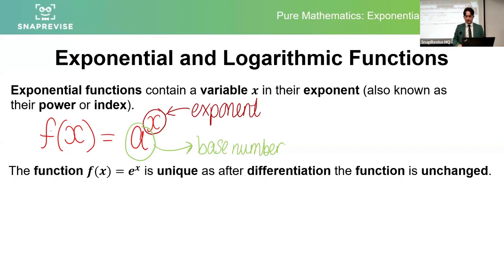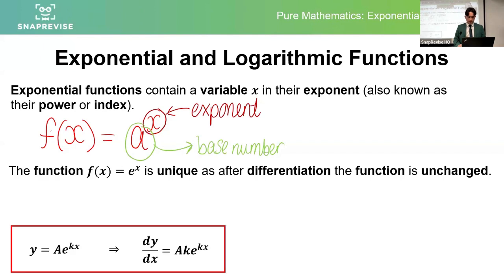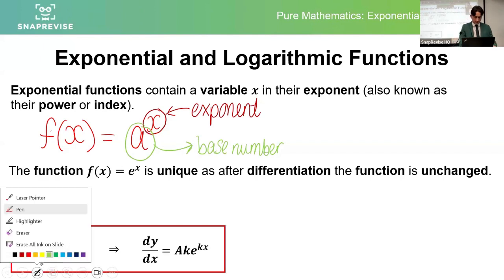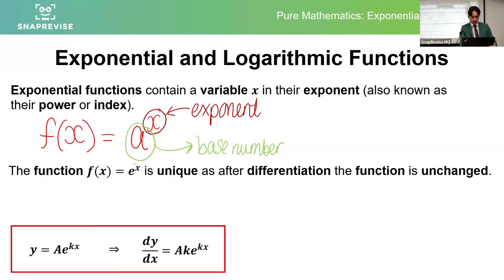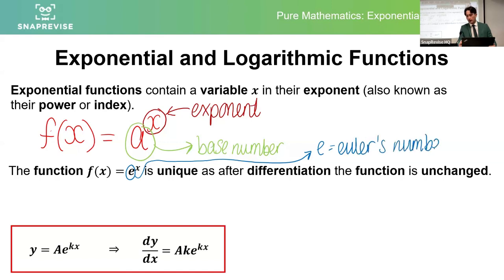Now, e to the x is a very specific one. e is Euler's number, and it's a very specific and special case to look at. So e, if I just make a note here, this number, you might have seen it on your calculator. A little bit like pi, it's an irrational number, equal to 2.718, and then it just infinitely changes.